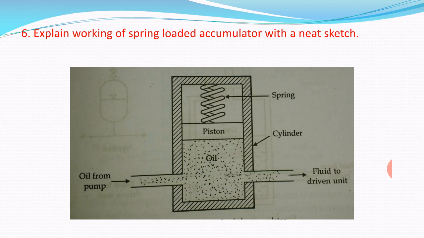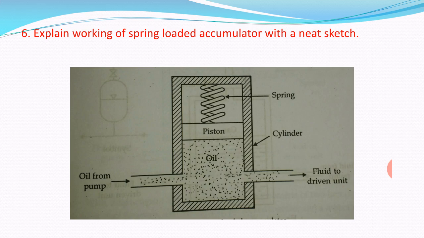Question number 6. Explain the working of a spring loaded accumulator with a neat sketch. The accumulator is nothing but a hemispherical tank. On one side, oil from the pump is connected, and from the other side we take it out. Oil initially enters the accumulator, then goes to the actuator.